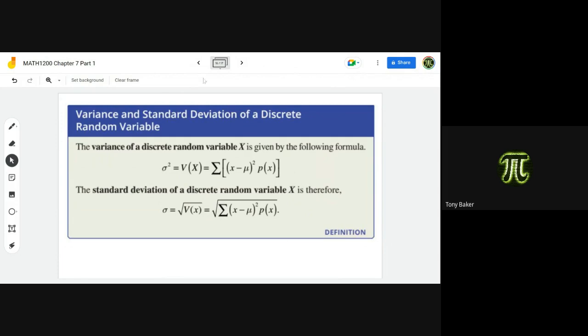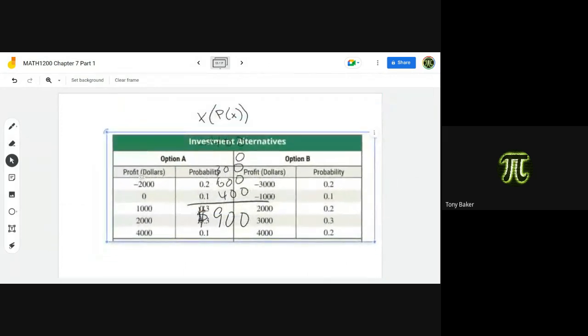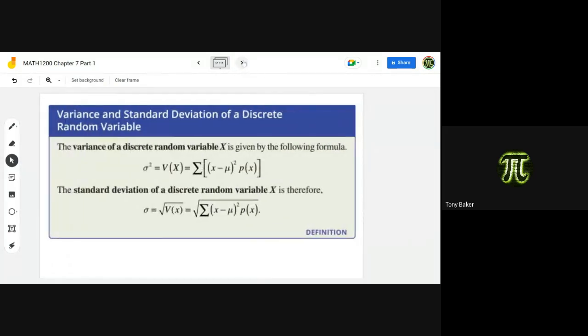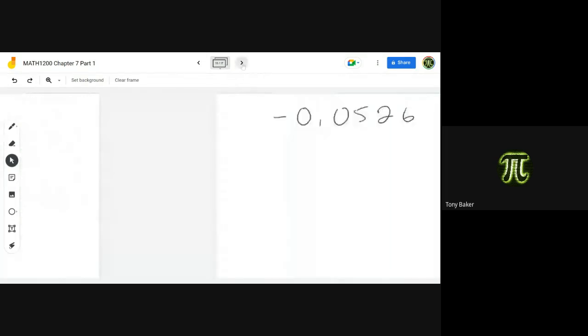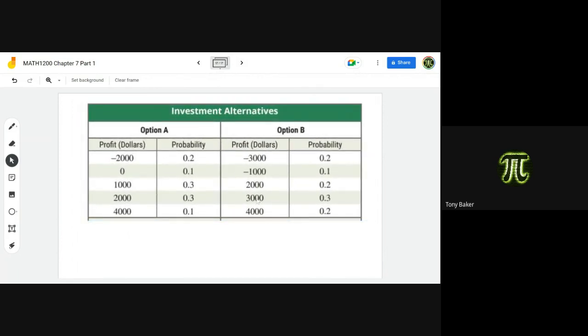So if you were looking at these two here, which one would you think would have a higher standard deviation? Option A or option B? Okay, because it's more spread, right? It's going from $3,000 down to $4,000 up, right?